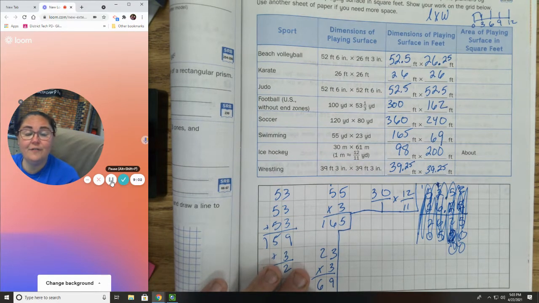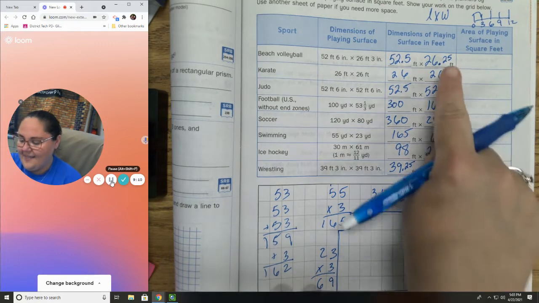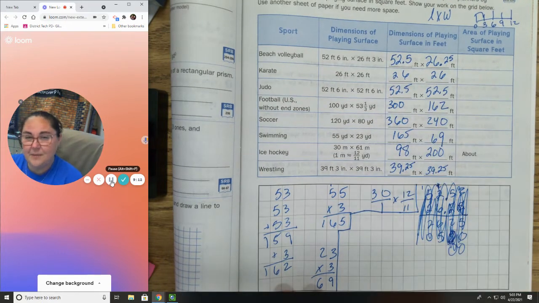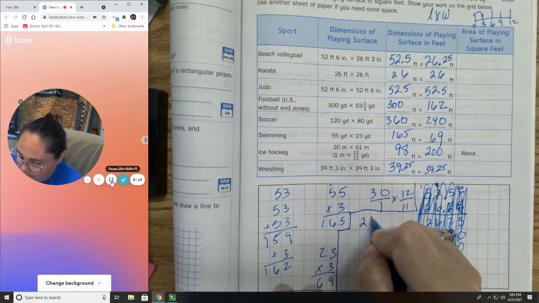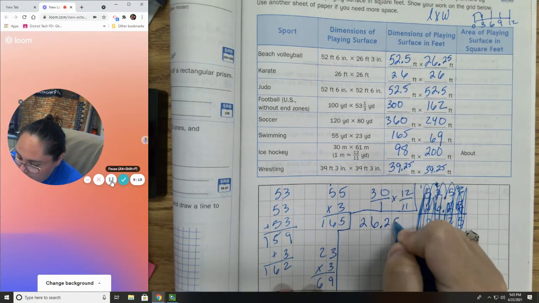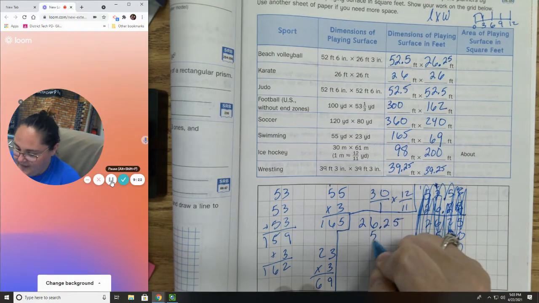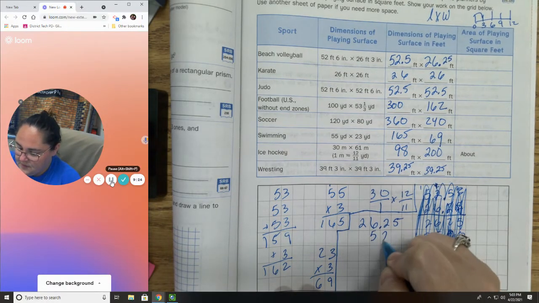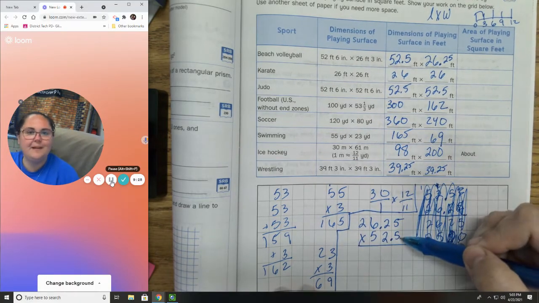We're going to multiply these two numbers together, and I'm going to put the 26.25 at the top because that's fewer steps times 52.5. The reason why I did that is because I'm only multiplying by 3 numbers.